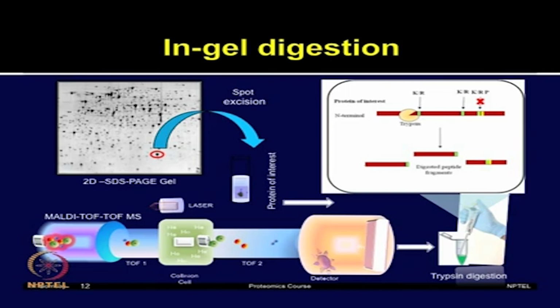If you want to analyze the sample from gel free proteomic based approaches, it is often a good idea to separate the protein complex mixture on the SDS-PAGE gel, excise the bands and then extract the proteins from that, and perform the in-gel digestion, so that you can simplify the proteome and increase the overall proteome coverage. So, a similar protocol can be modified and used for various types of applications in proteomics.